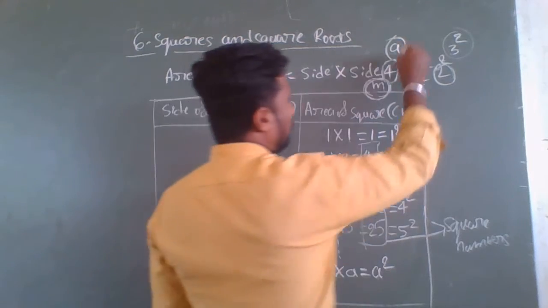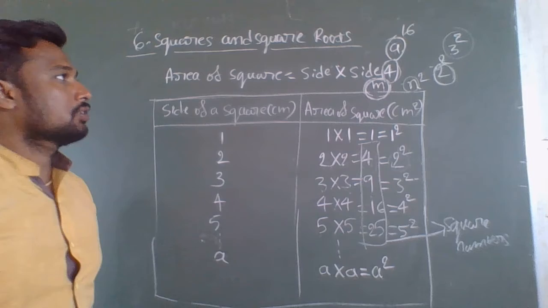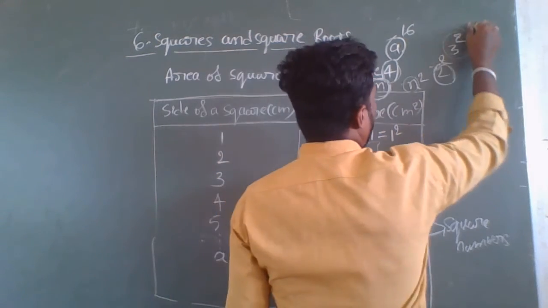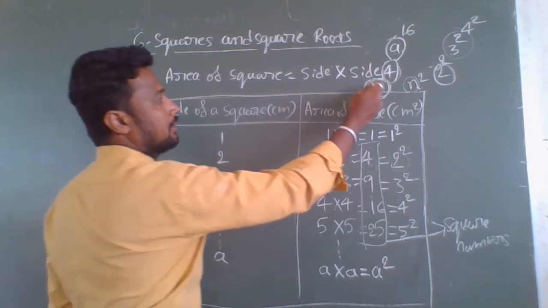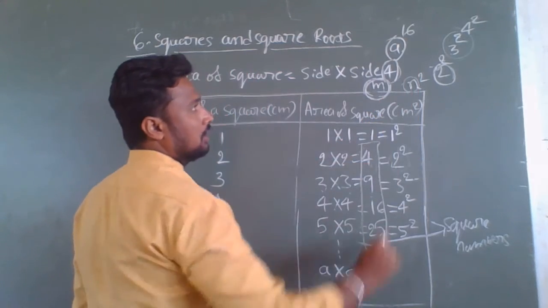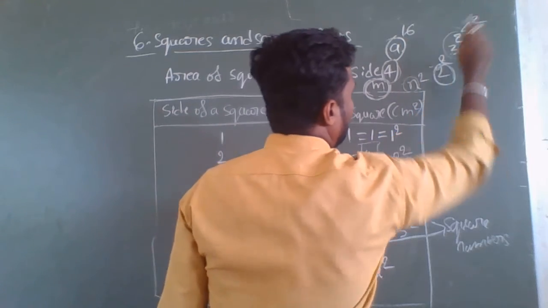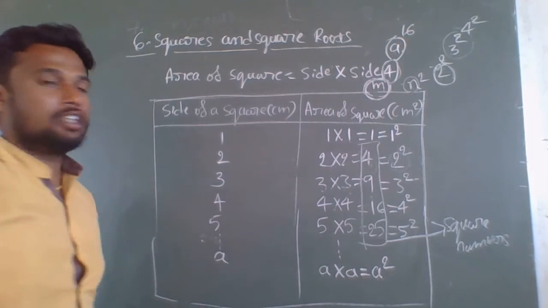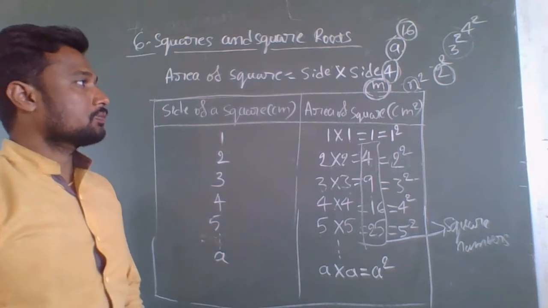Next, consider 16. 16 can be represented in the form of 4 square. So in general, this m value is 16 and n value is 4. Therefore, this 16 is also a square number.